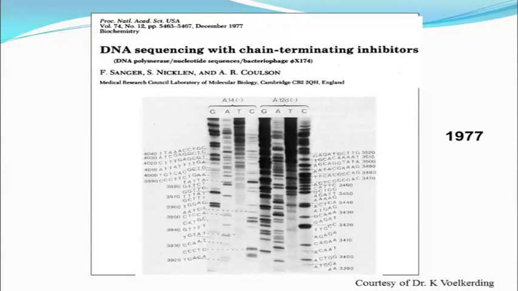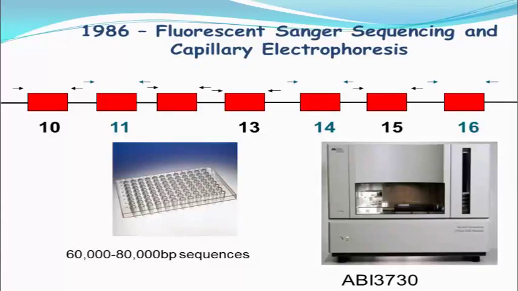In the old days, we read the sequence from the bottom to the top, going through the different nucleotides. And in 1986, fluorescent Sanger sequencing technology was developed, and through capillary electrophoresis it significantly increased the throughput and the quality of Sanger sequencing.